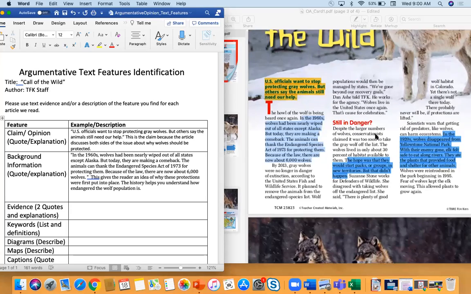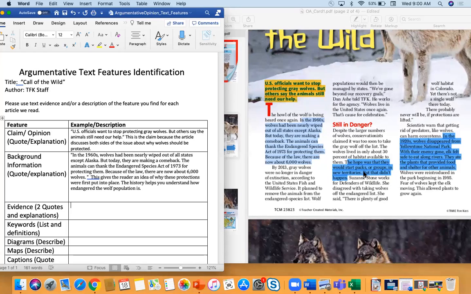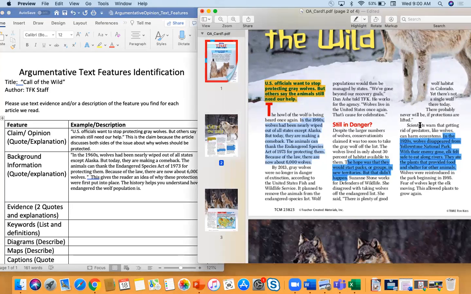So I would choose, okay, there's no questions. Okay, I would choose oh, okay, this one. Okay, the highlight tool.